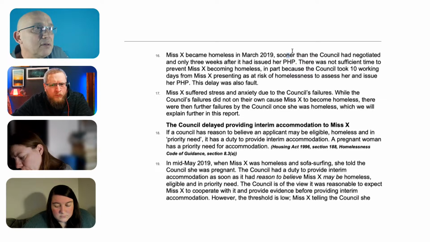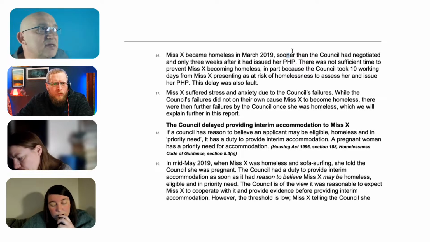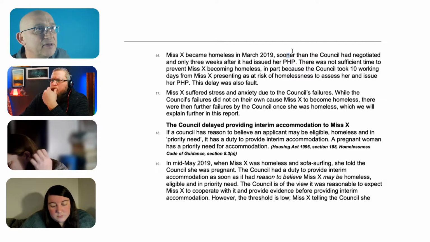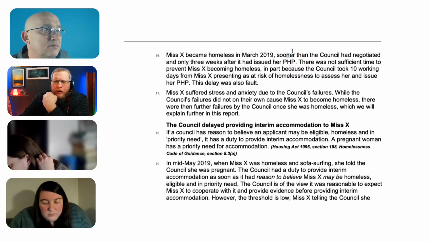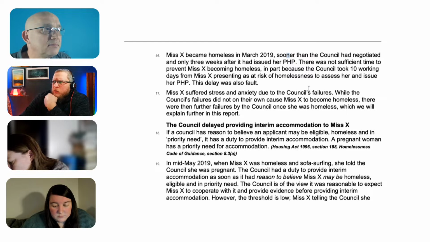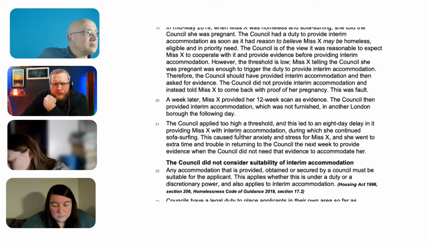So that's interesting, isn't it? Because normally you'd say it's just an assessment. If they're saying that they didn't prevent her becoming homeless, i.e., they didn't give her Section 188 accommodation, I think it's more that the LGSCO is essentially saying that if they had acted sooner, they might have been able to prevent her becoming homeless in the first place.